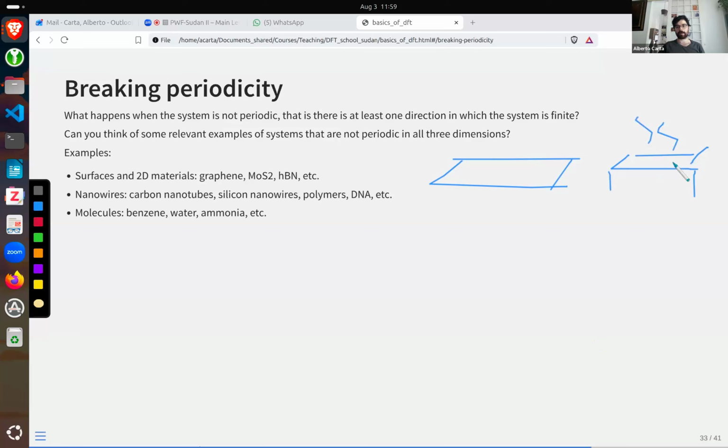So you have a crystal that you have cut in one direction, with vacuum in here, and then in here you have a bulk system.